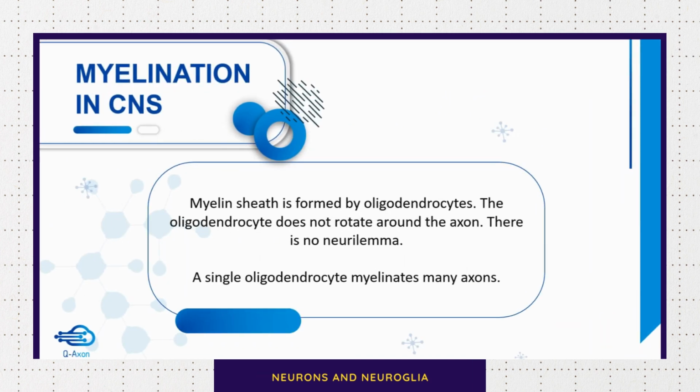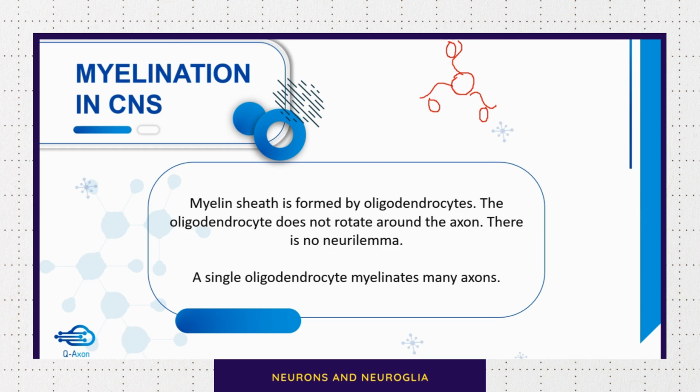But myelination in the central nervous system is different. So as we already saw, the cell that forms myelin in the central nervous system is the oligodendrocyte. And one oligodendrocyte myelinates many axons in the neighborhood. So the oligodendrocyte does not move in this case.